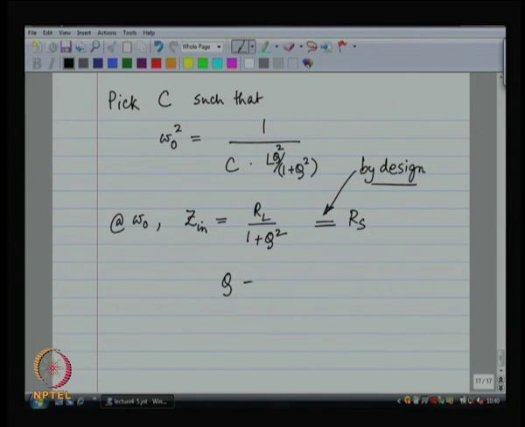Therefore, Q is going to be equal to square root of R L by R S minus 1. Yeah, that is correct. So, you compute the Q.